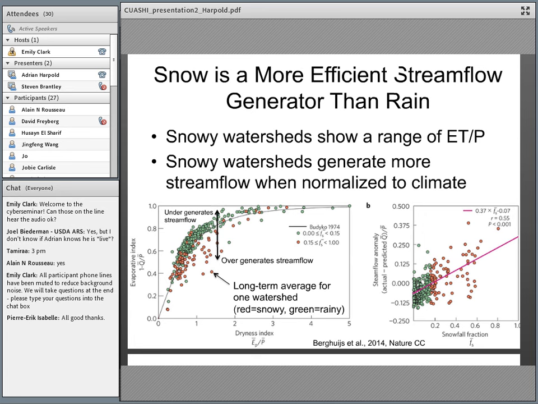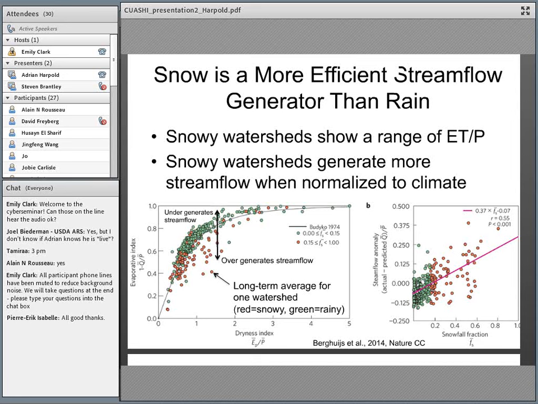So we call this black line here a Budyko relationship, which is an empirical relationship that relates the evaporative index, or your evapotranspiration over precipitation, so your evaporation efficiency, to your dryness index, which is your potential evapotranspiration over precipitation. So it's how efficiently you evaporate water from the system as a function of climate. And what this is showing in red are snow-dominated systems that really span the entire range of 0 to 1 in terms of their evaporation efficiency.